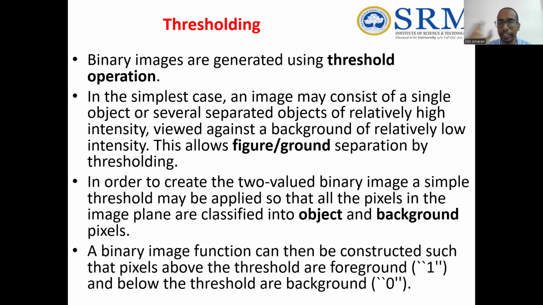Again, I'm repeating what the threshold is. If you take a binary image, it will be of zeros and ones. Foreground means 1, the object. For example, I'm an object and the background will be the wall. My foreground image will have a higher value than the background, so my image will be focused more.